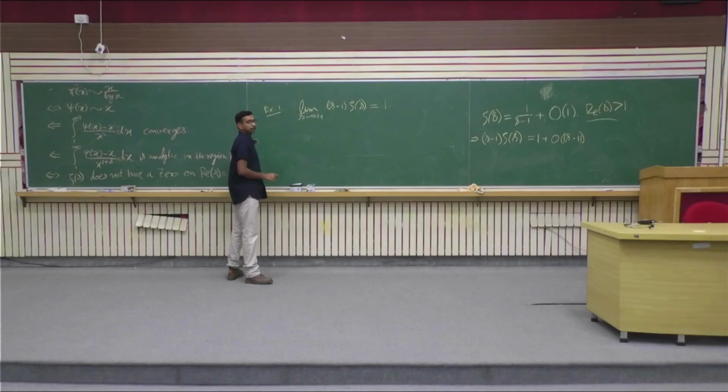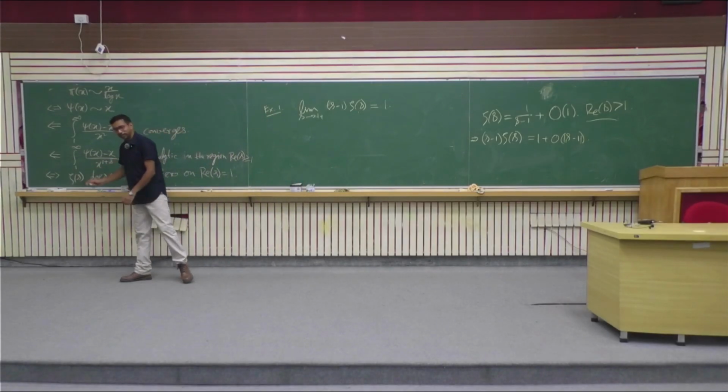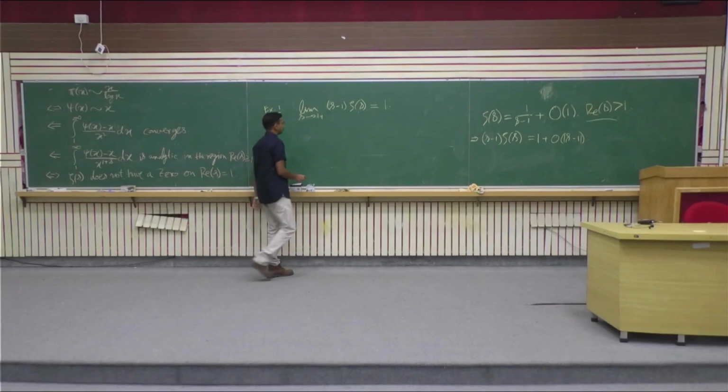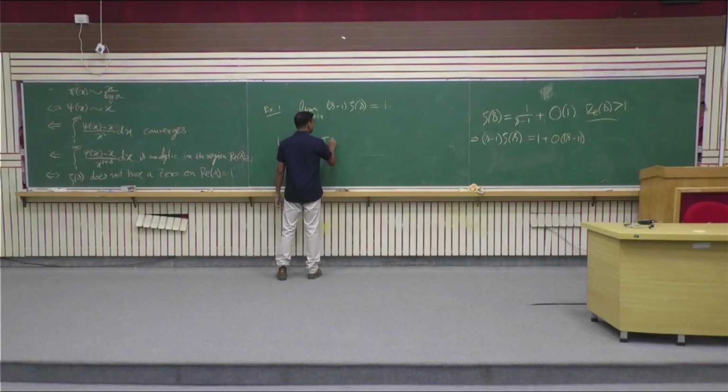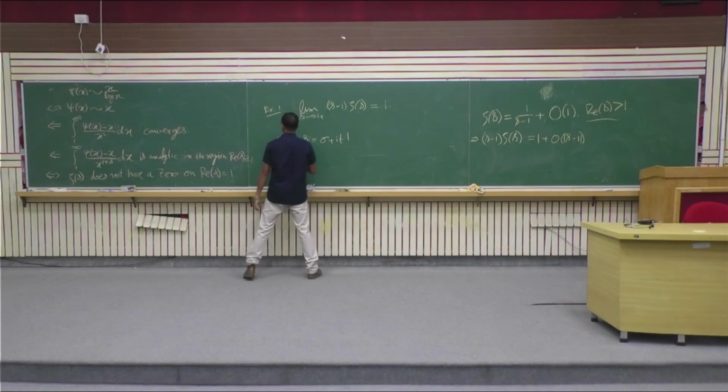Now suppose zeta(s) has a zero somewhere on the line real part of s equal to 1. So this is exercise 2.